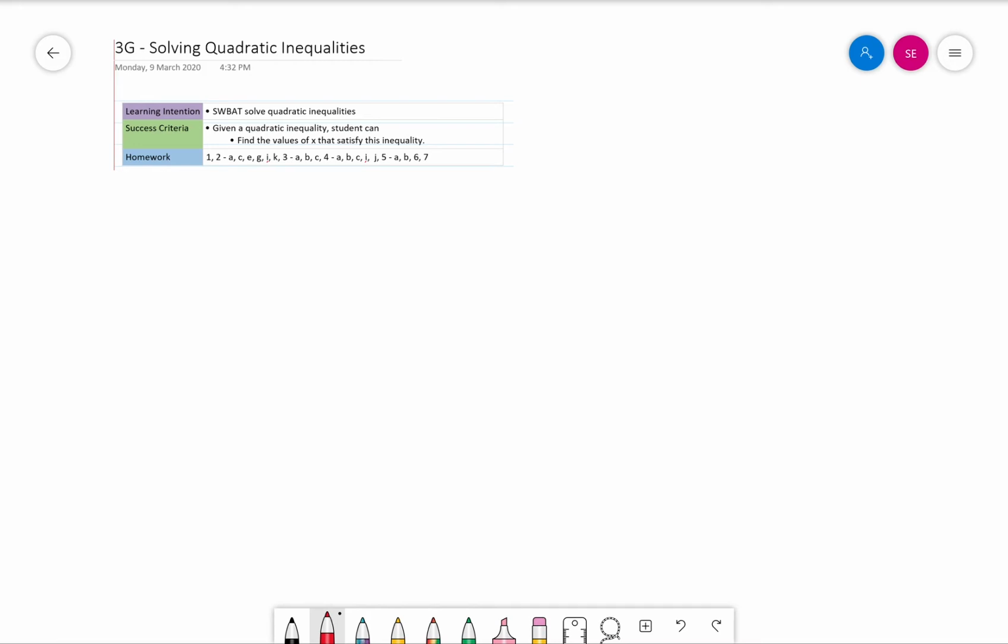Today we're looking at solving quadratic inequalities. So earlier this term we looked at solving linear inequalities.